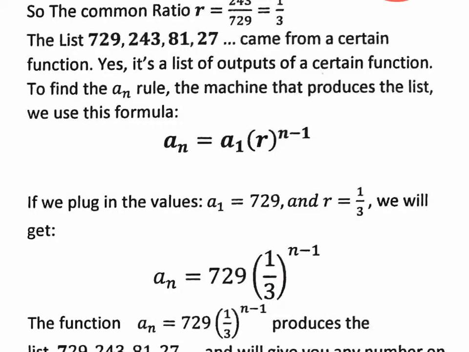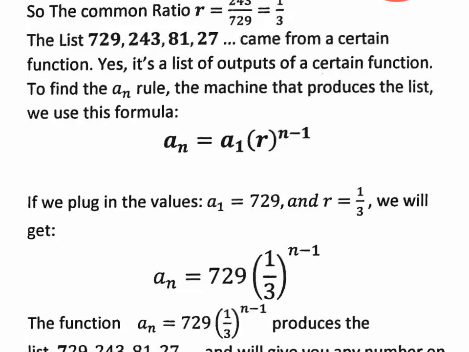So what we're going to do is plug in our A sub 1 value, which happens to be the first number up here, 729. I wrote that down, A sub 1, 729. So I'm going to take the 729, place it right here, which ends up being the number out in the front. The common ratio, we said, was 1/3 if you reduce it correctly. So you get 1/3 right there in the common ratio. And the n minus 1 is simply n minus 1. So this is the machine that produces that above list.